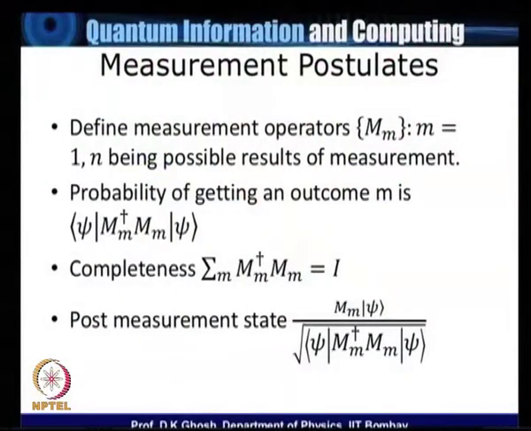So let us define a set of what we call measurement operators. Suppose I am making a measurement. It could be, for instance, of the energy of the system, any physical observable, the momentum, the angular momentum, or whatever you have. Now we have seen that when you make such a measurement, the system would, according to the Copenhagen interpretation, collapse to one of the eigenstates.